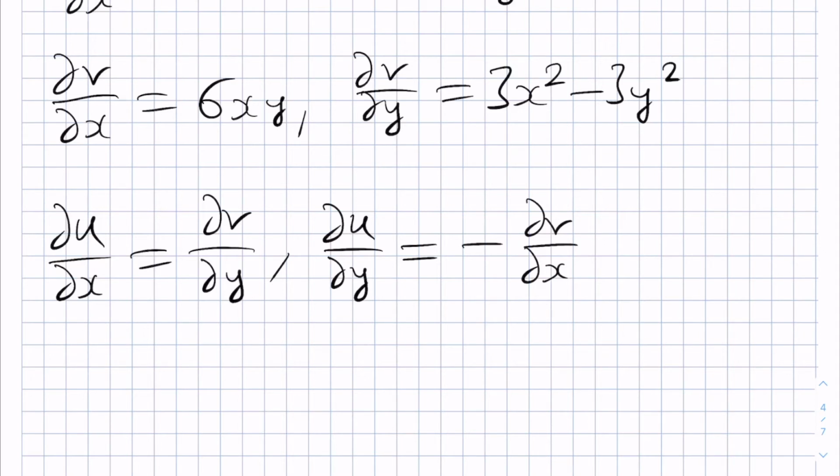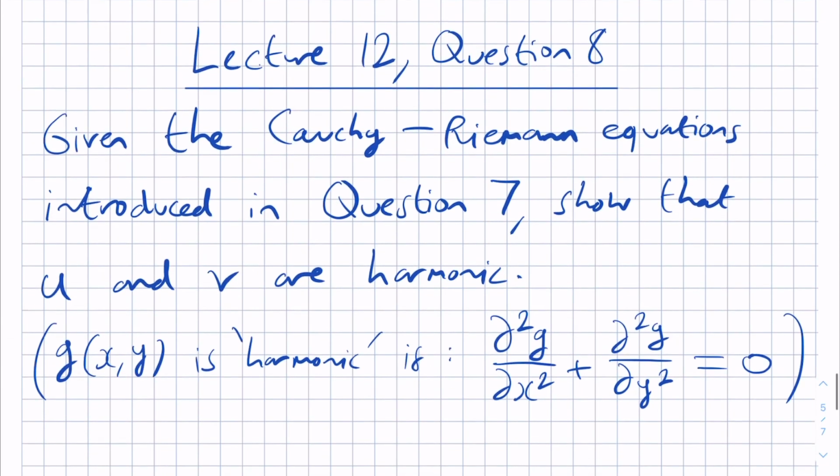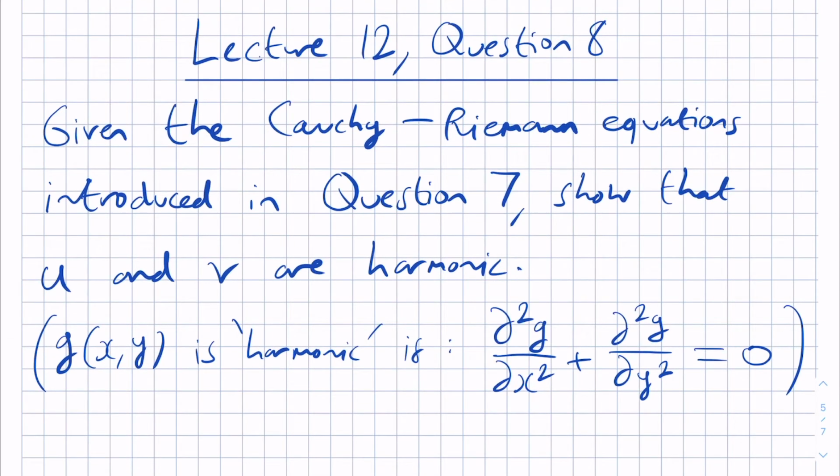Let's now take a look at another related question on the Cauchy-Riemann equations. This question is question 8 from the same lecture, and it says, given the Cauchy-Riemann equations introduced in question 7, show that u and v are harmonic.